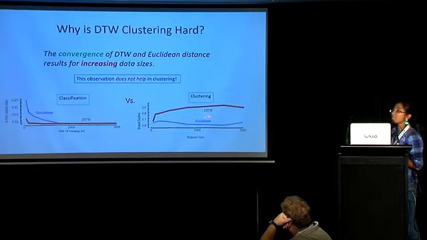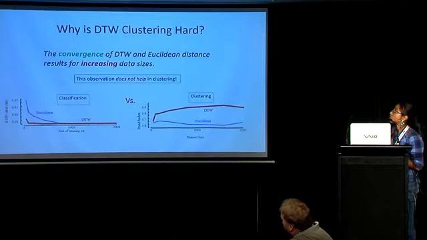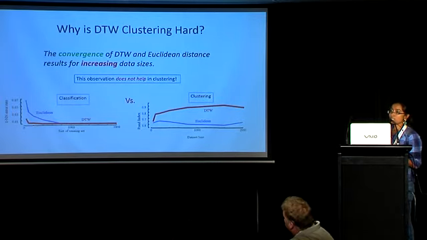As you see, even as the dataset size increases, the difference between dynamic time warping and Euclidean distance is not going away. So it means that the observation that dynamic time warping and Euclidean distance converge with increasing dataset size does not help us in clustering.